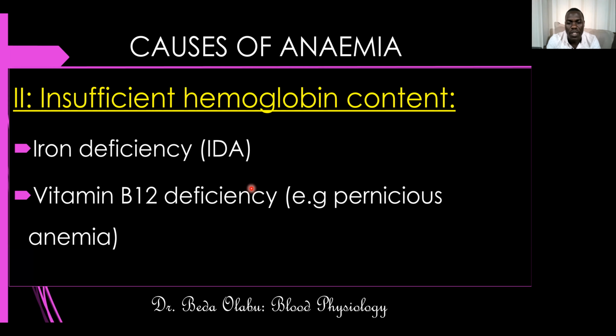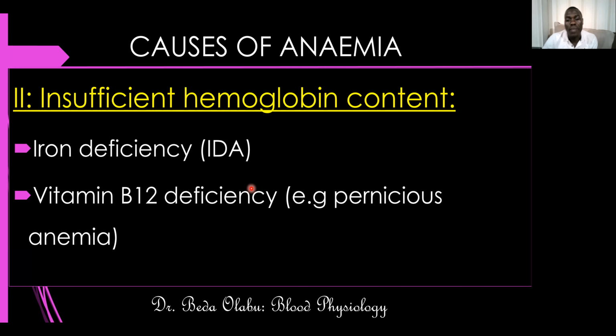If you have a problem with the stomach, maybe that problem has led to the destruction of the cells that usually produce intrinsic factor. Maybe they are destroyed or they have been eliminated. Either way, we don't have intrinsic factor. If there's no intrinsic factor, then it means this individual cannot absorb vitamin B12. And if they can't absorb vitamin B12, then they will be anemic because they'll have low hemoglobin content.